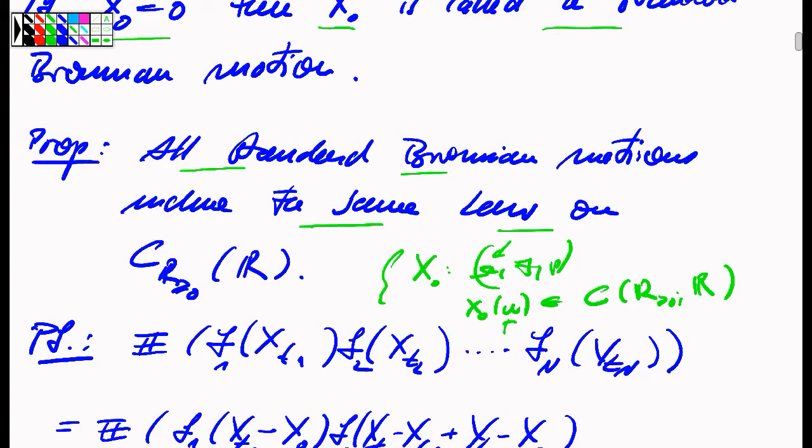This X dot will then be a random variable which assumes values in the set of continuous paths. And this random variable is in fact measurable if we equip the set of continuous paths with the Borel sigma field, which is induced from the topology of locally uniform convergence.